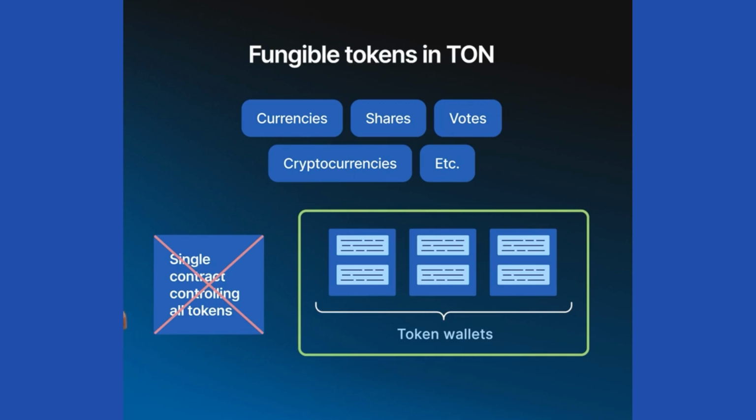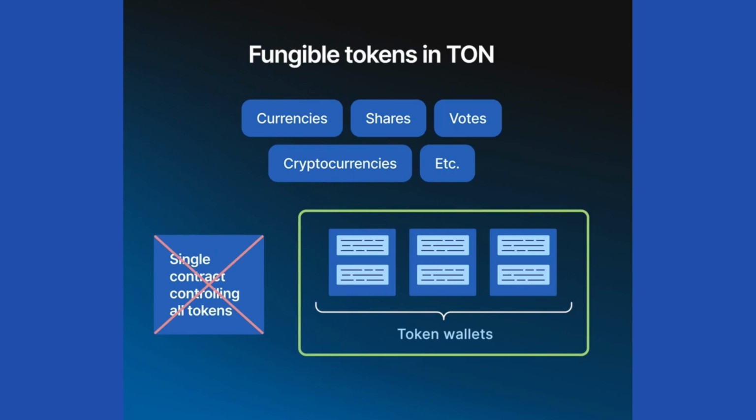And this token wallet's job is to pass the message that says, please increment some amount of tokens to the sibling, the same contract that has the same code, but has a different owner. We will talk about this architecture later in this course in more detail, but this architecture allows to make tokens fully scalable on the TON platform.